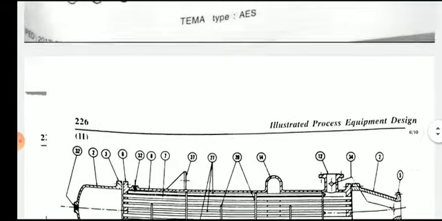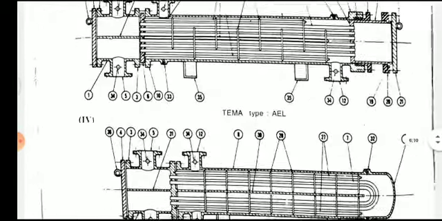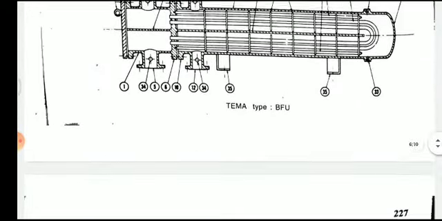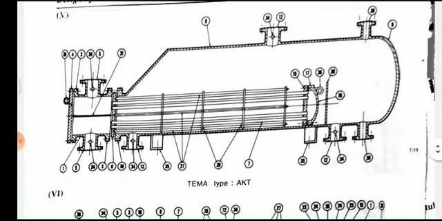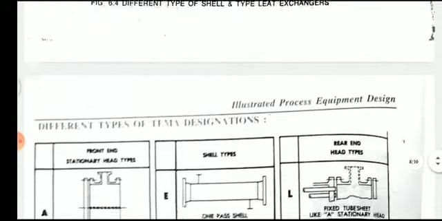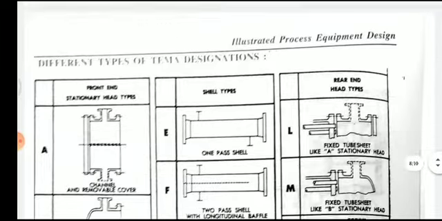Okay, this is the expansion joint, and this one is a single pass. This one is a split. This one is AKT. So these are the different types of shell and tube heat exchangers.